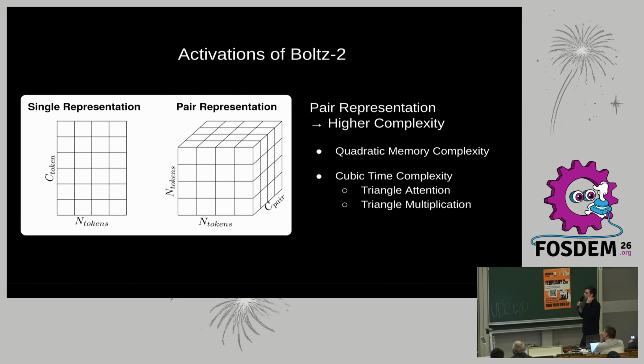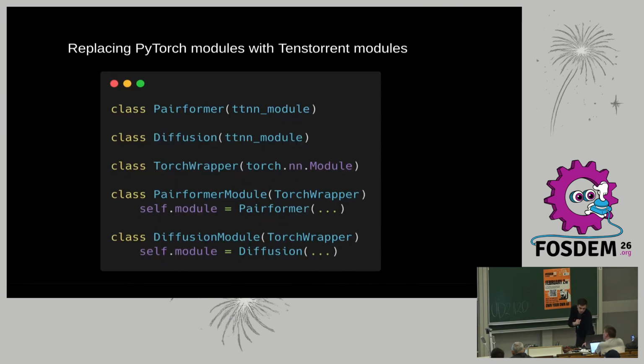It means, for example, that the memory complexity of the activations is quadratic in sequence length. And so for larger molecules, most of the memory is consumed by the activations and not the weights. The Boltz-2 model is actually a pretty small model, but the activations can get really large. This additional dimension is also the root cause for the cubic time complexity of triangle attention and triangle multiplication.